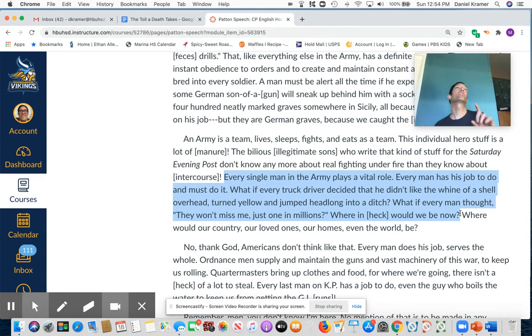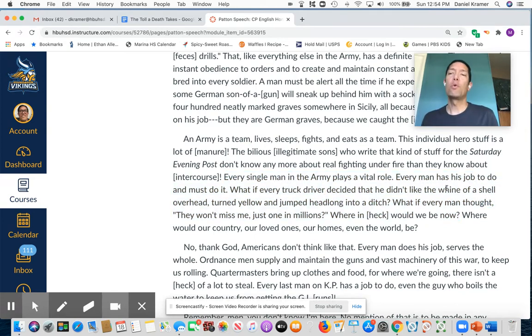If you think you're just going to be one deserter, oh, they won't miss me, it won't be a big deal. Well, what if everybody thought that, right? What if you think, oh, it's just one person? But no, every single person is really important. And he's going to get into this even more in a few minutes.